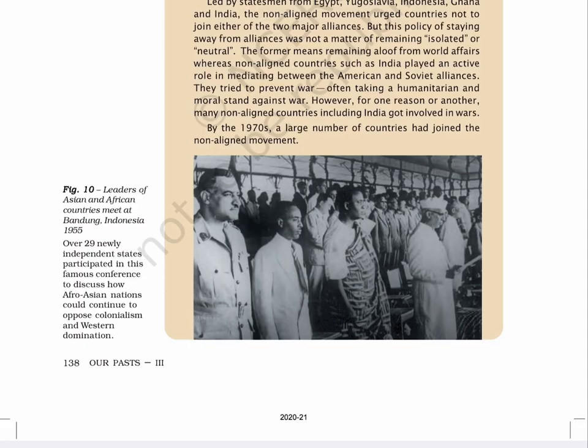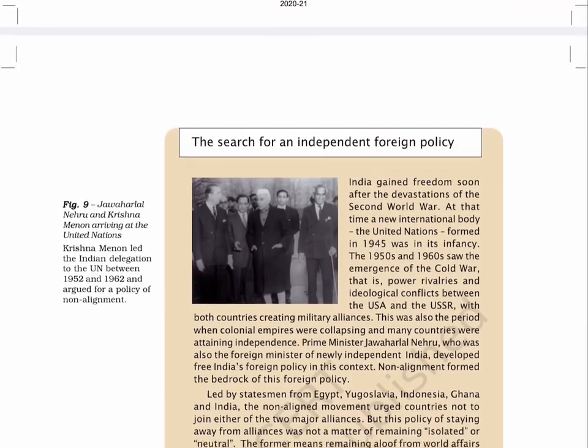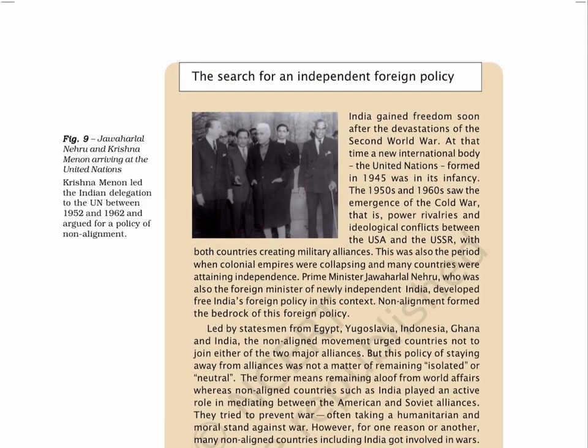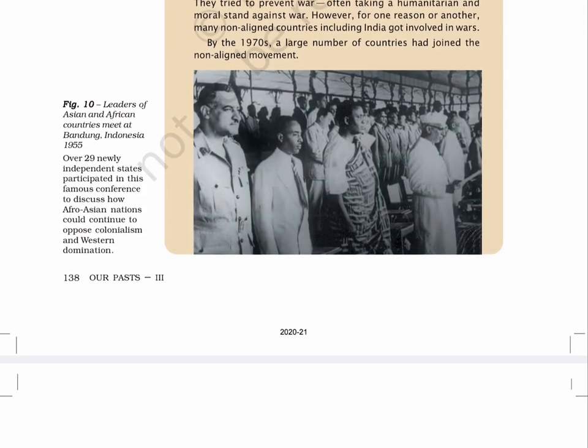Figure 9. Jawaharlal Nehru and Krishna Menon arriving at the United Nations. Krishna Menon led the Indian delegation to the UN between 1952 and 1962 and argued for a policy of non-alignment. Figure 10.